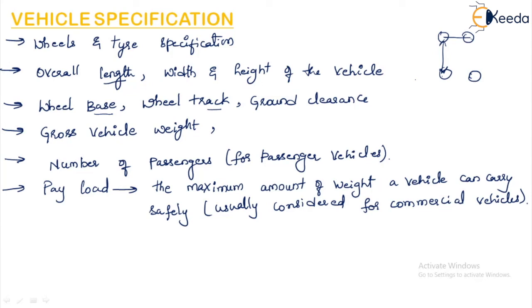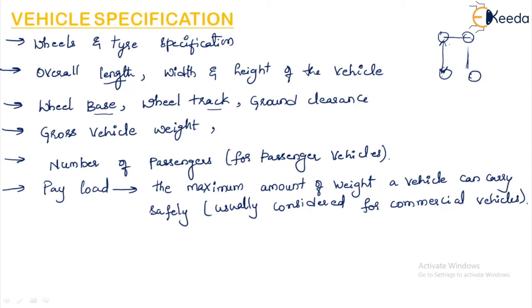Then we have ground clearance of a vehicle. So ground clearance is the amount of clear space between the lowest part of the vehicle frame and the ground. So usually when you travel by car, if the humps are very high, you can see that it will bump.